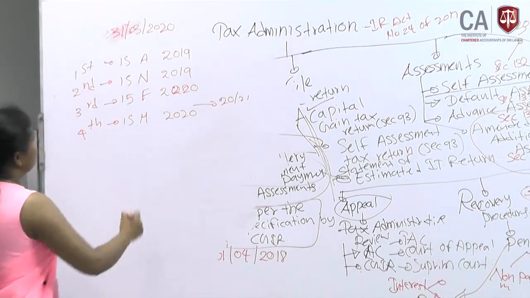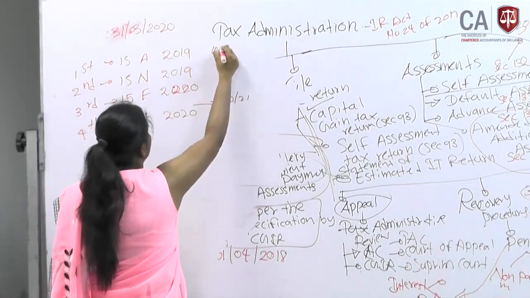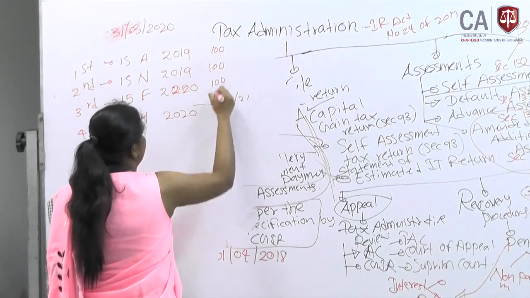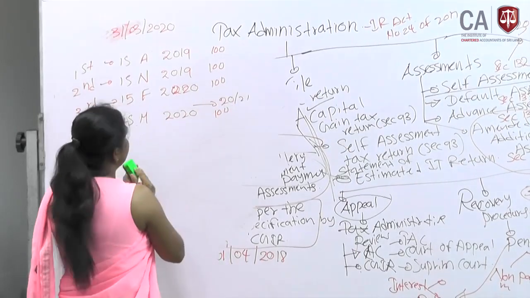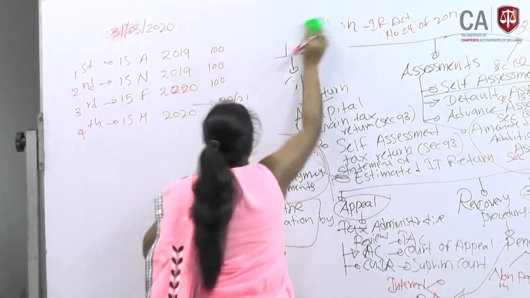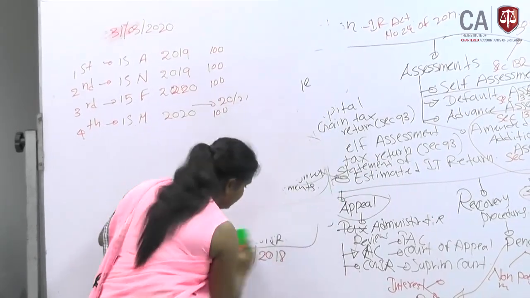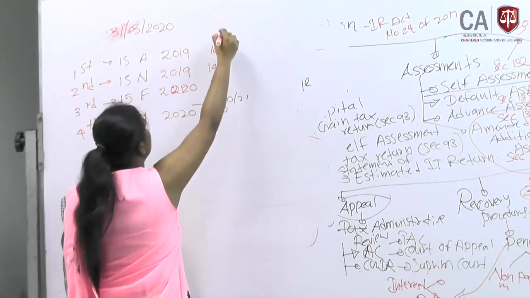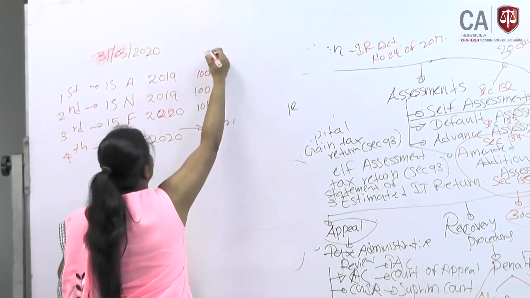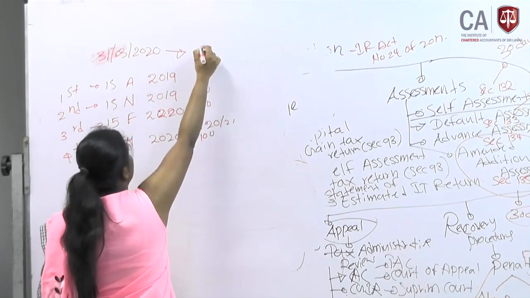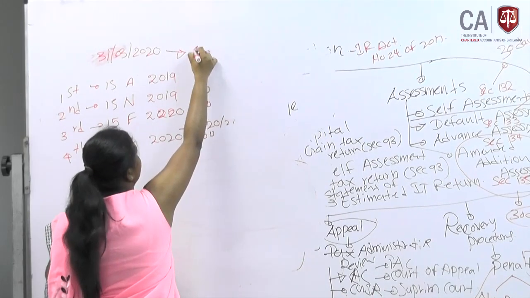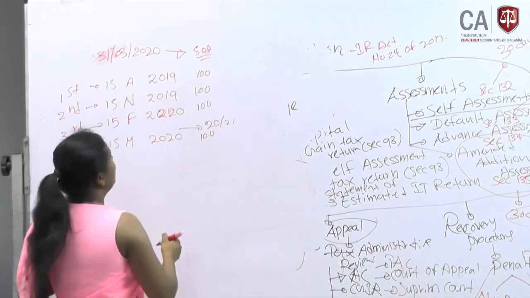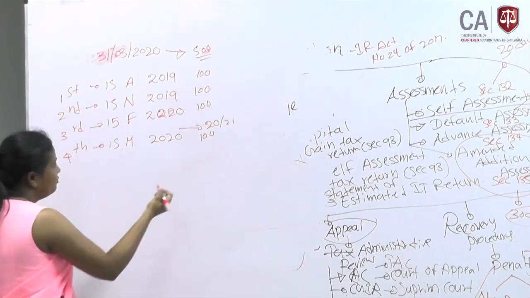Now, if there is a balance tax payment, say that after computing the tax liability for the year of assessment 2019/20 there is 500,000 and we have already paid 100,000, we have to pay the remaining amount. How are we going to pay?